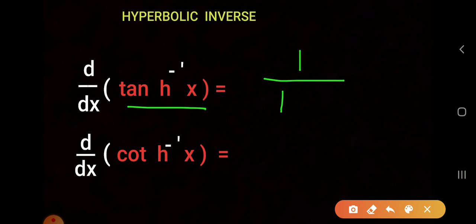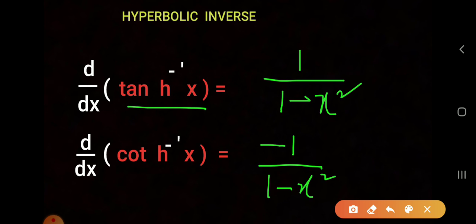Don't keep any root. In tan inverse x it is 1 by 1 plus x square, but here tan hyperbolic inverse x is 1 by 1 minus x square. And similarly for cot h inverse, I'm writing 1 by 1 minus x square, but before it I'm keeping minus: minus 1 by 1 minus x square. So this is the difference between inverse and hyperbolic inverse.